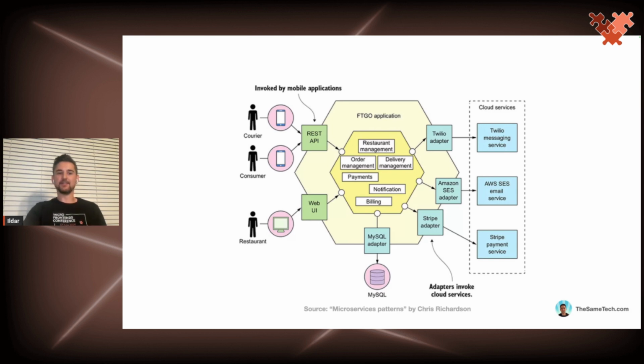And here you can see a high-level holistic view of the architecture with inbound adapters, for example, REST APIs, and outbound adapters as connectors to different third-party services, including Amazon, Twilio, Stripe, etc. In the center, we have our core business logic represented by different domains, such as restaurant management, order management, delivery, and many other things.